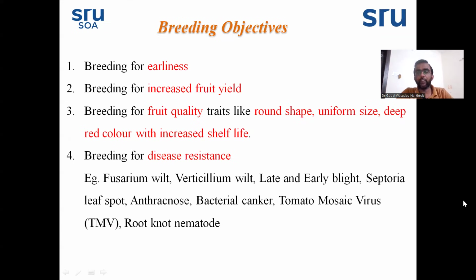Shape, uniform size, deep red color, with increased shelf life for transport purposes. Then next is breeding for disease resistance. There are a few severe diseases in tomato, so breeding for disease resistance is a primary breeding objective.